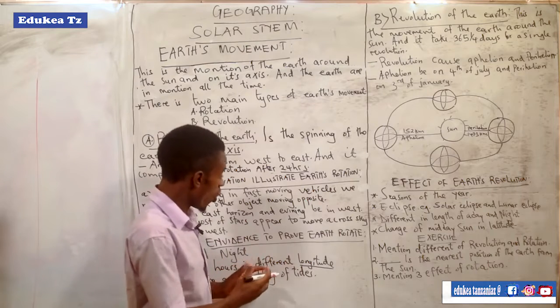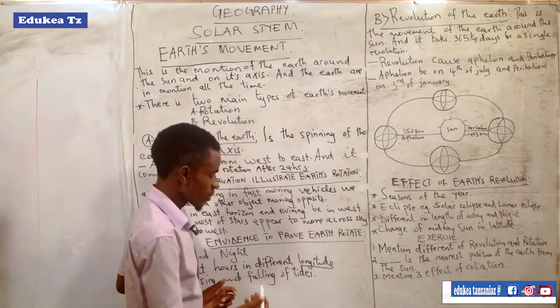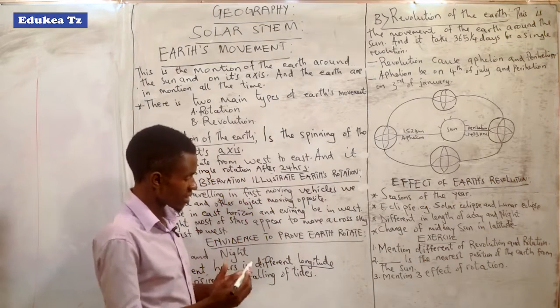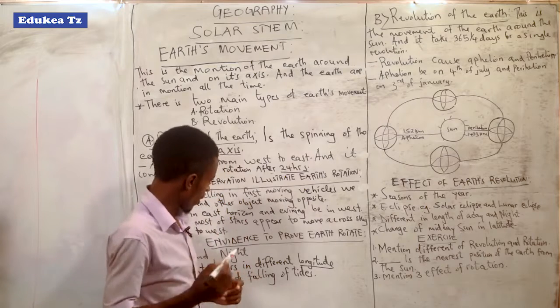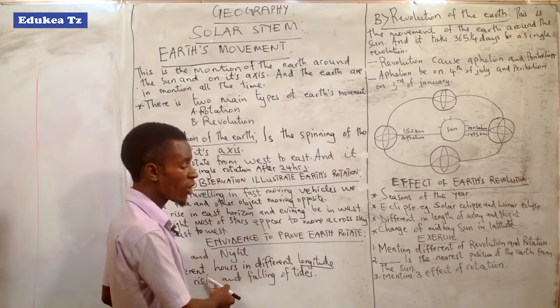That is all about Earth rotation. If the Earth were not rotating, we would have the same time everywhere. Because the Earth is rotating, there are different hours.